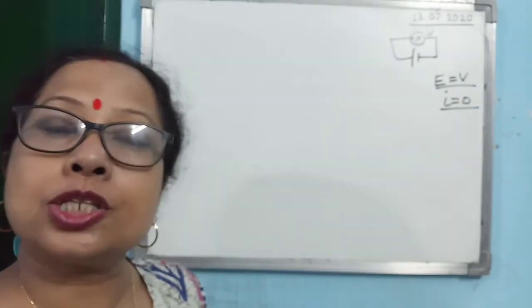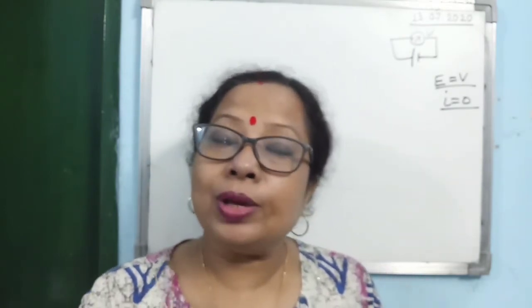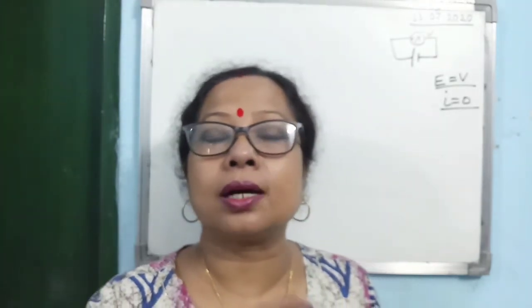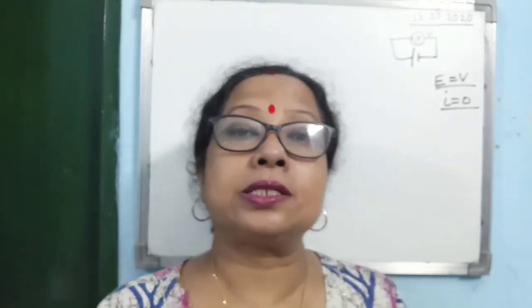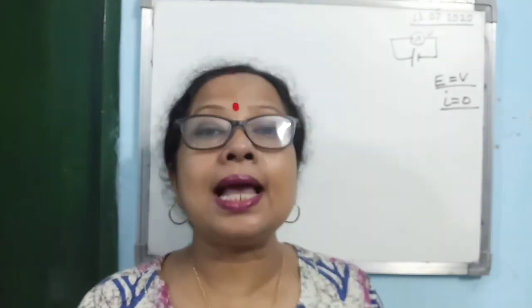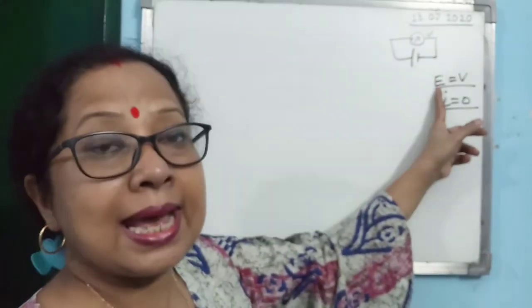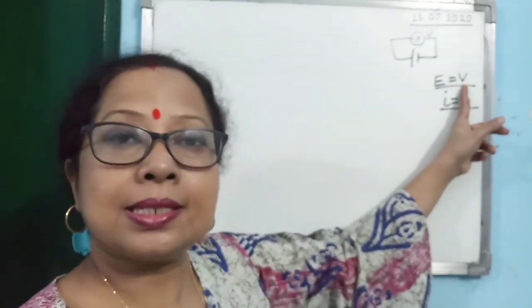So in the case of potentiometer, we measure EMF under the condition when no current is passing through the galvanometer, which means no current is passing through the circuit. What does it mean? The cell is in open circuit and then EMF is exactly equal to the terminal PD. Is that clear?